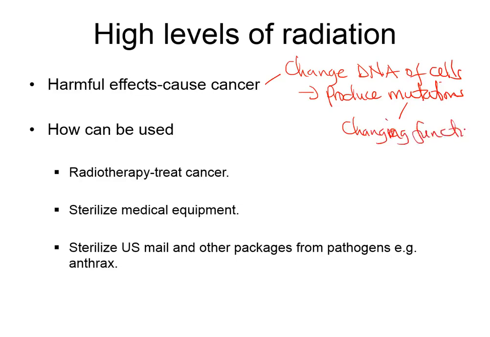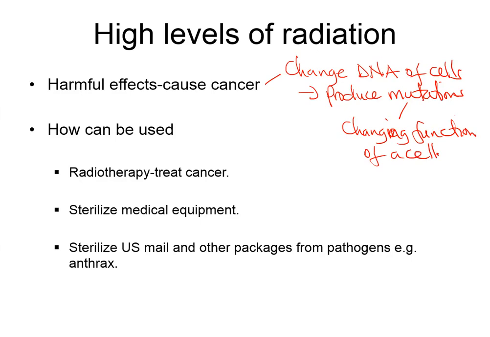That's what the mutation is about. So there's this high radiation going to the cell. It hits the cell and it ionizes some materials within the cell and then changes the function of the cell. Once the function of the cell changes, people develop a lot of things. One of them is cancer.